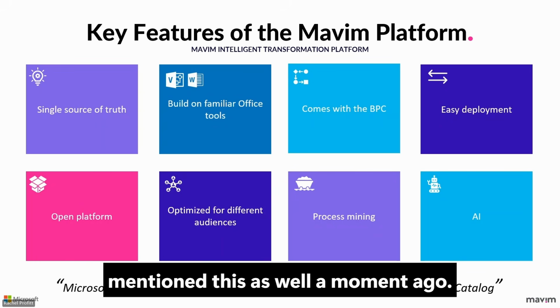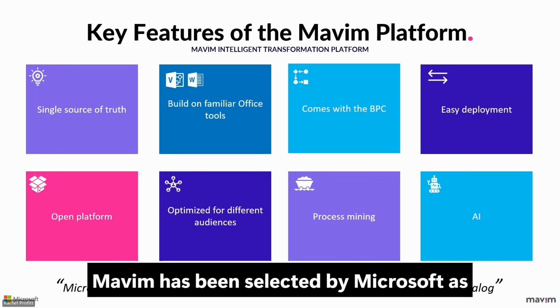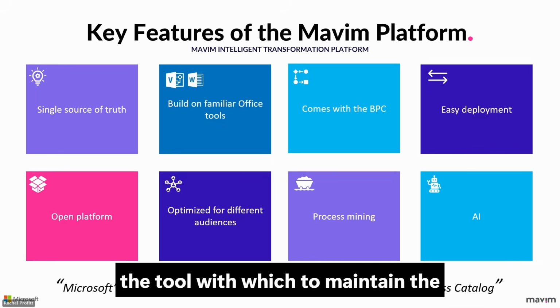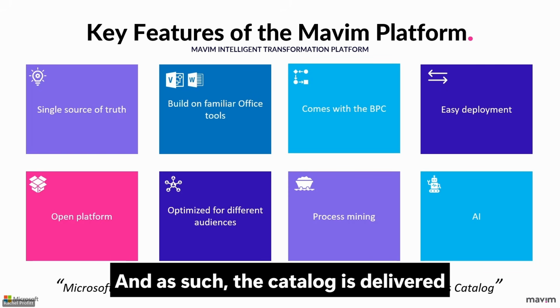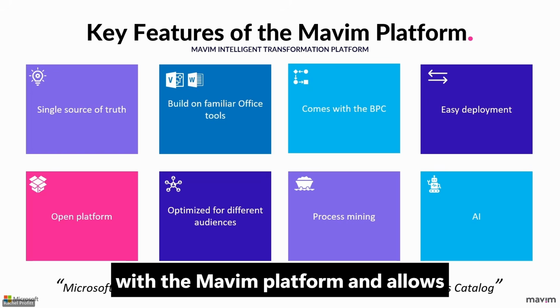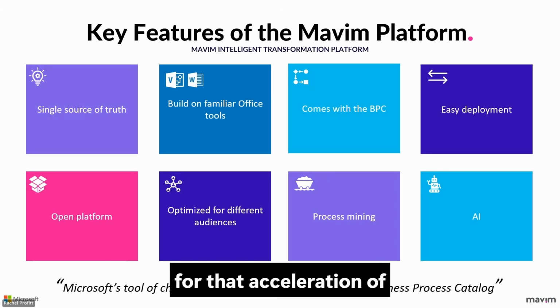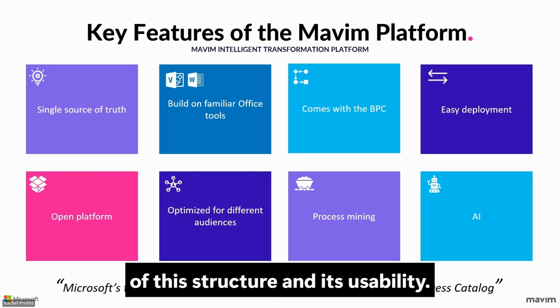Rachel mentioned this as well a moment ago. Mavim has been selected by Microsoft as the tool with which to maintain the business process catalog going forward. And as such, the catalog is delivered with Mavim as well. So it comes preloaded with the Mavim platform and allows for that acceleration of implementation and understanding of its structure and its usability.